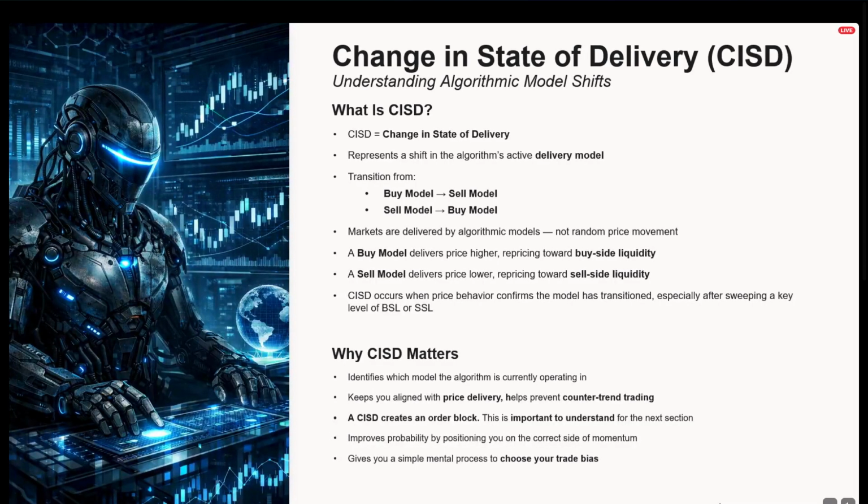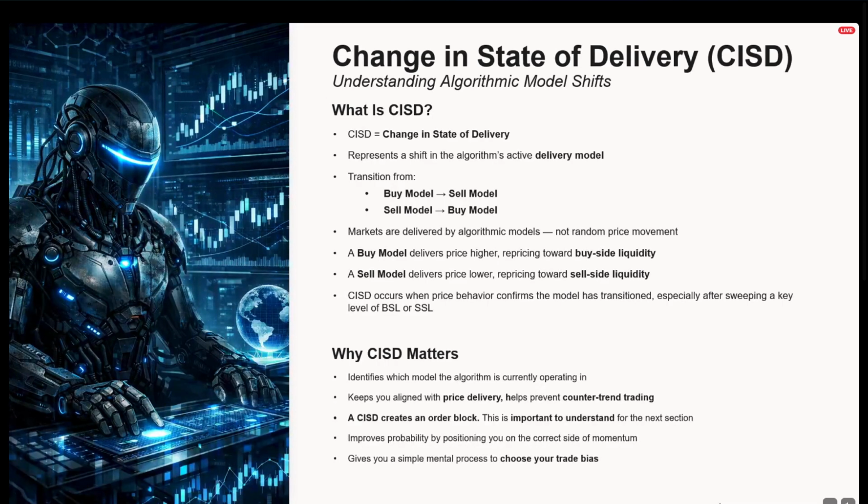A lot of people who are ICT traders are able to extract a lot of money out of the market with very simple concepts. Once you start to understand this, you will see a change in your profitability. I can almost guarantee you that. It keeps you aligned with price delivery.